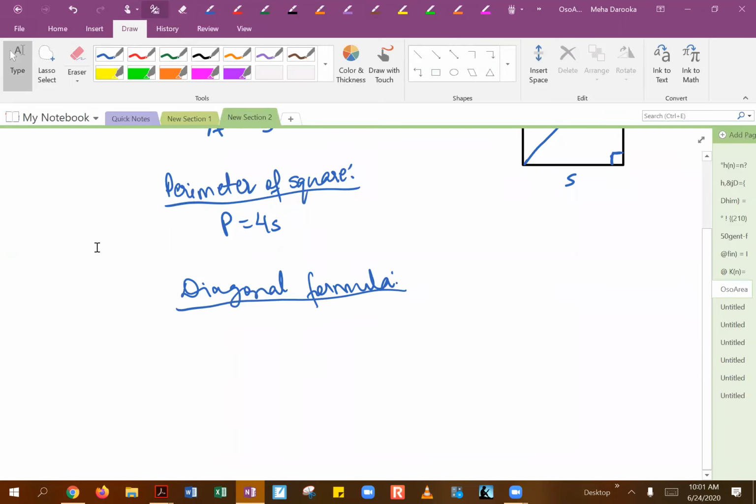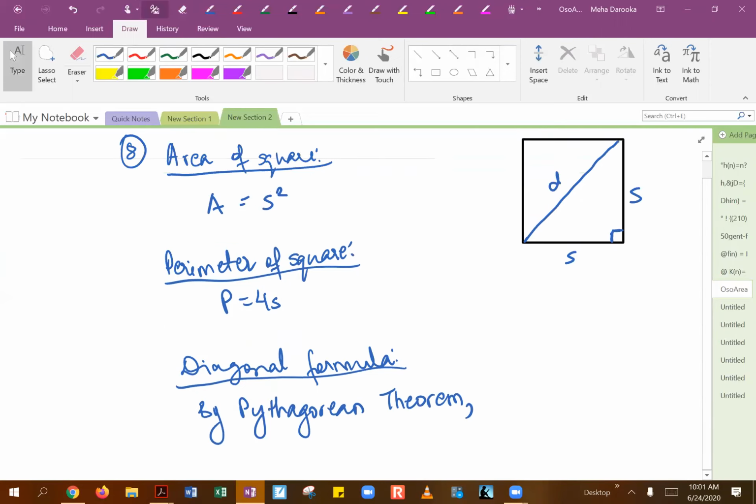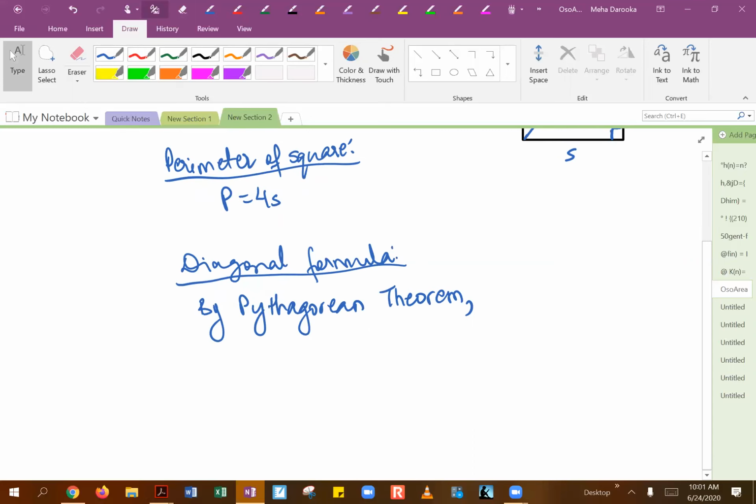So by the Pythagorean theorem, the D, the diagonal, would then become the hypotenuse of your right triangle, and the S and S sides would become the 2 legs of our right triangle. So remember, it's side squared plus side squared equals the square of the hypotenuse.